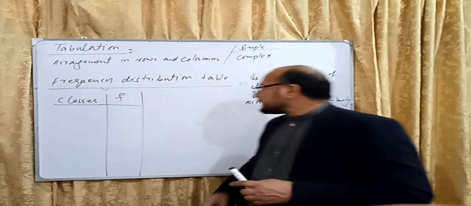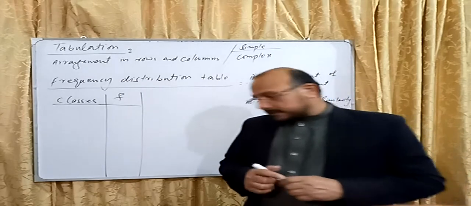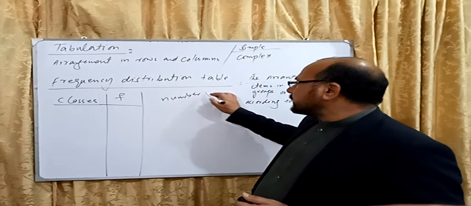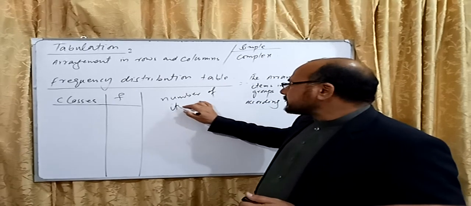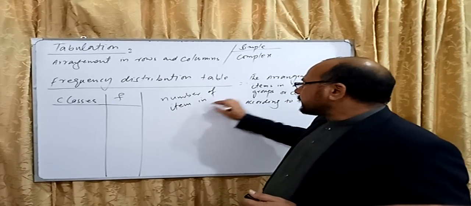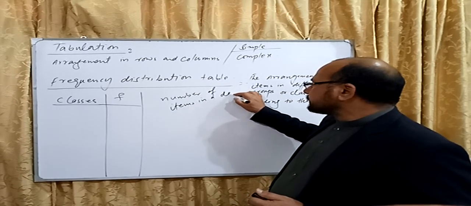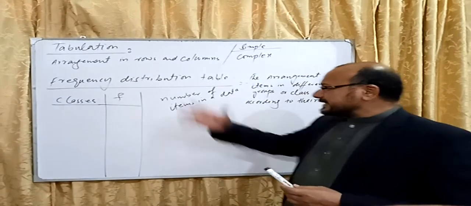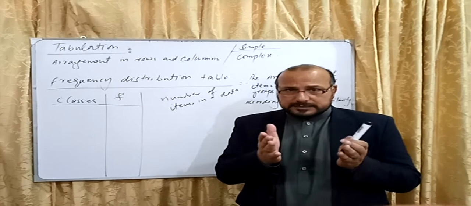Basically, frequency means the number of items in a data. Distribution means to distribute, taqseem bandi.